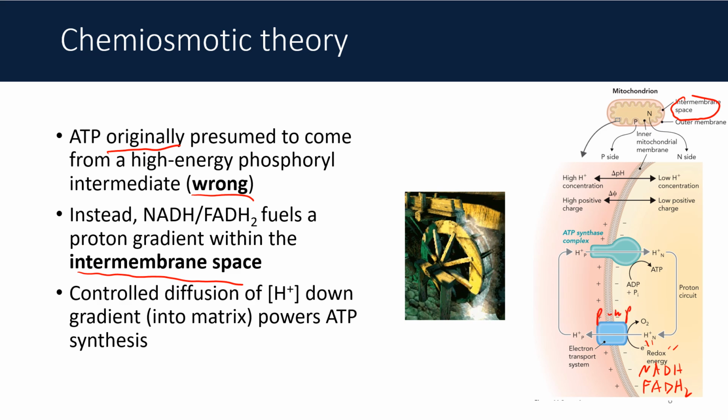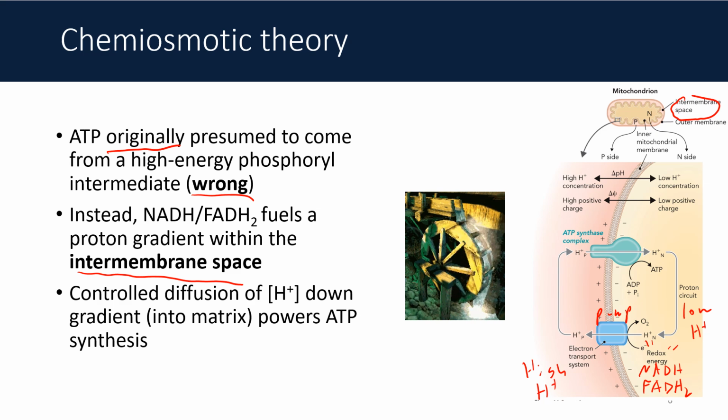And what these proton pumps will do is relocate protons from a low concentration matrix to a high concentration intermembrane space. It's going to make it acidic relative to the matrix.